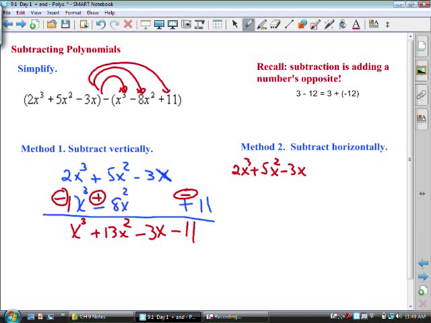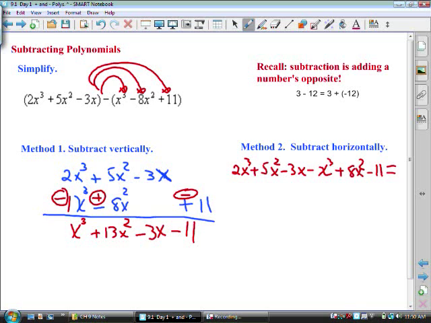It's like multiplying by negative 1 almost. This becomes minus x to the third, minus a negative 8x squared becomes plus 8x squared. I think it helps that you saw it over here. And then minus a positive 11, minus 11. All right? And then I just have to simplify by combining like terms.